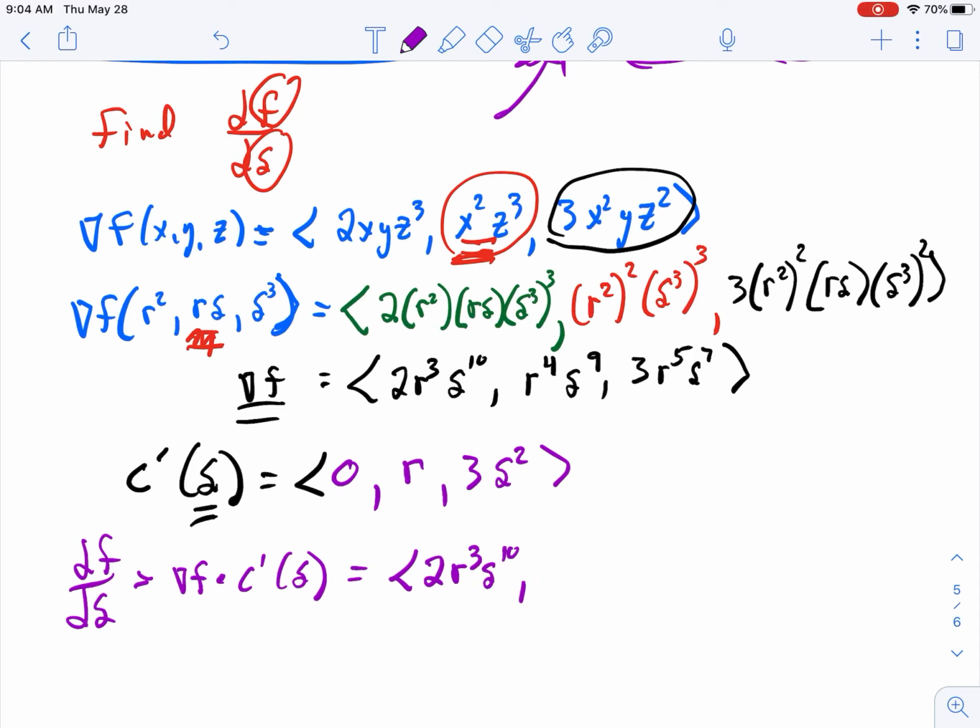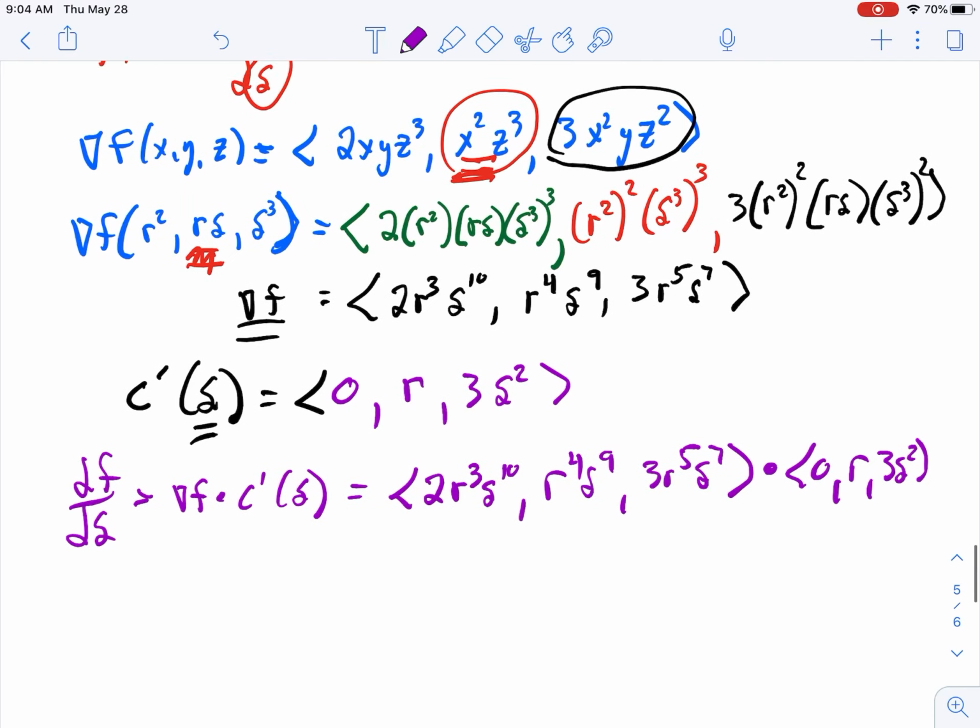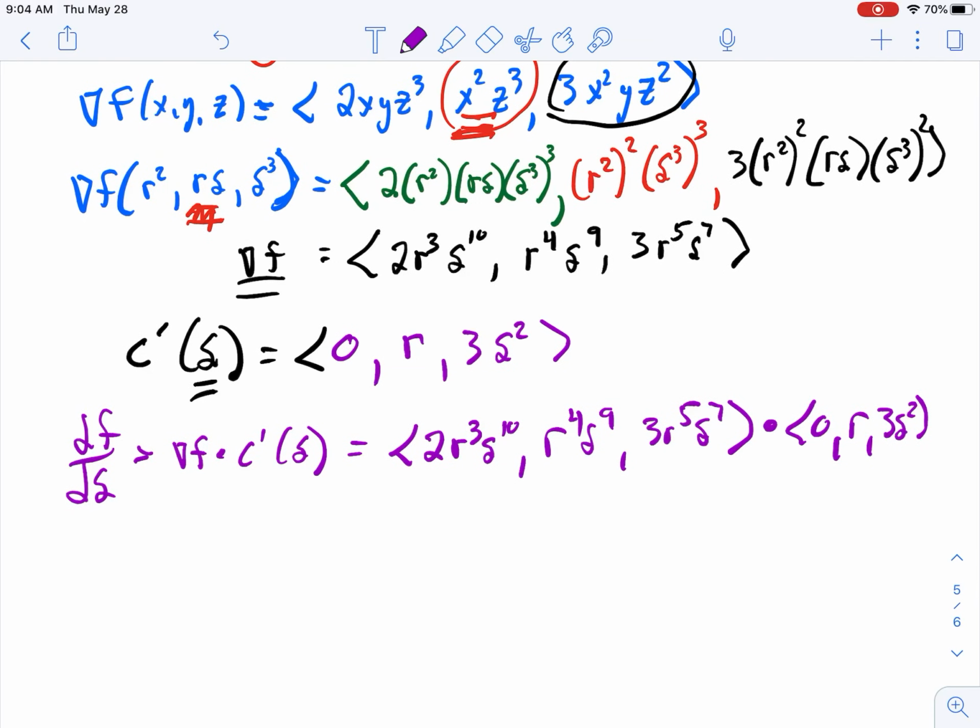So now do gradient of f, dot it with c prime of s, which basically this would be del f of ds. So we have 2r cubed s to the 10th, r to the 4th s to the 9th, 3r to the 5th s to the 7th, and we're going to dot it with 0, r, 3s squared. Okay, so let's begin.